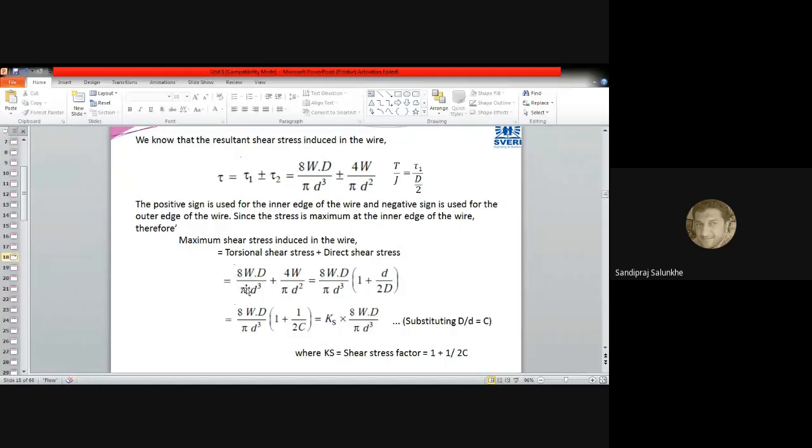So we can take this 8w, pi and d cube common.